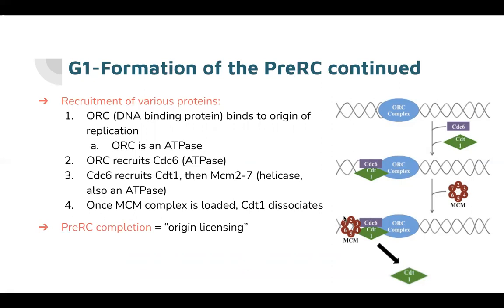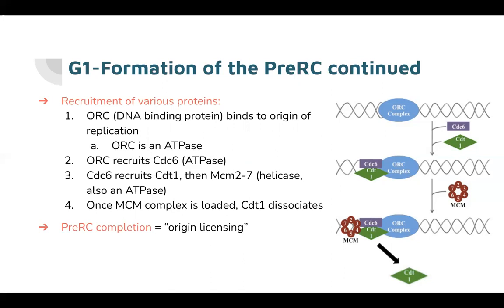Once MCM is bound to CDC6, which is bound to ORC, CDT1 is going to dissociate. Just remember that ORC is an ATPase, and MCM is a helicase. A helicase is an enzyme that takes two DNA strands and separates them for DNA replication, right?